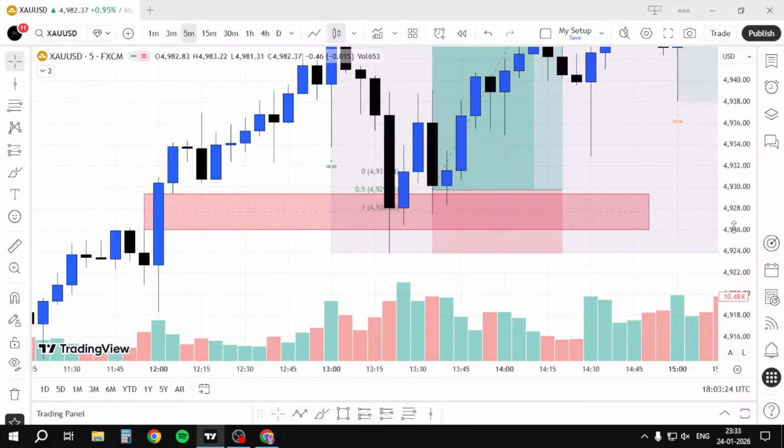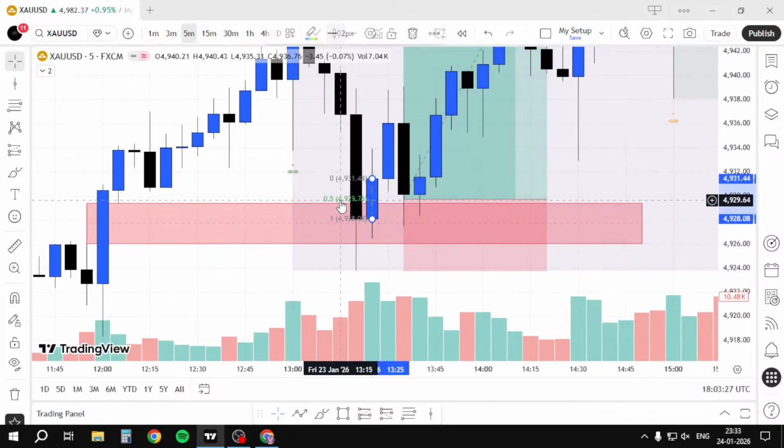Let me tell you what you have to do at this time. When this candle is going to close and it's confirmed that it's going to close bullish, in the last 3 seconds of its closing, you will mark this fib retracement at 50% as fast as possible.